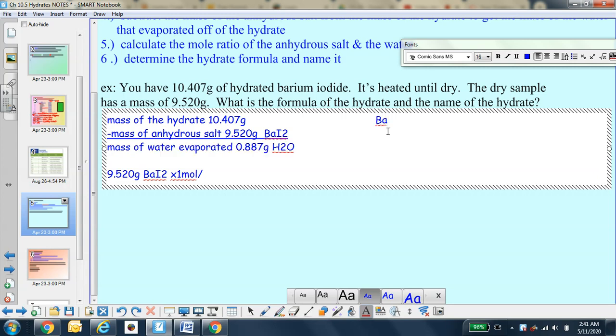In our formula, we have one barium, and we look up the atomic mass of barium, 137.3 on the periodic table. And 1 times 137.3 is 137.3.